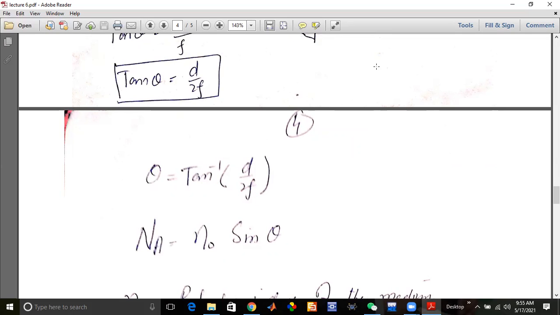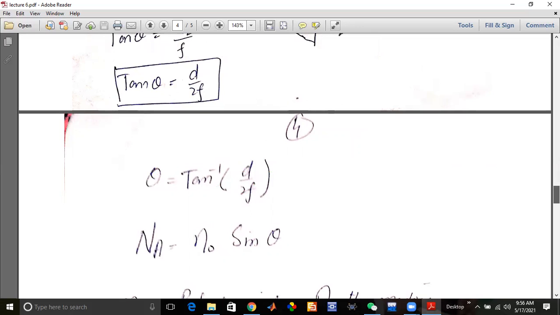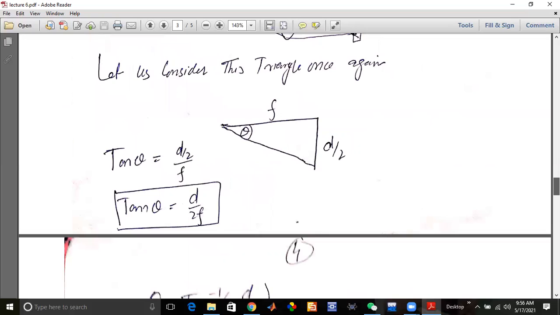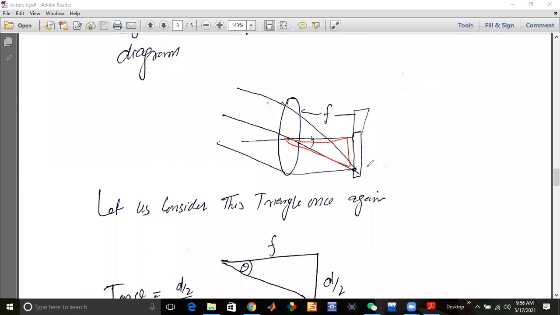So here we consider the maximum value of theta beyond which we are unable to receive the signal. This is the triangle which we have taken here, and we have redrawn this triangle here. This is theta, this is f, and this is d by 2.